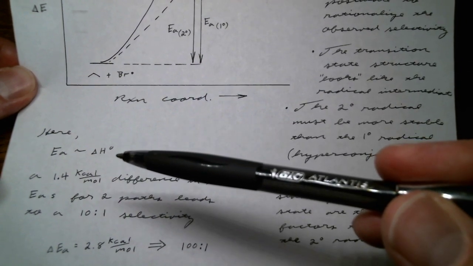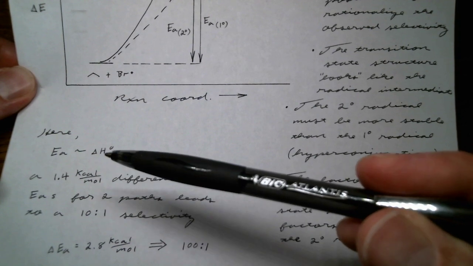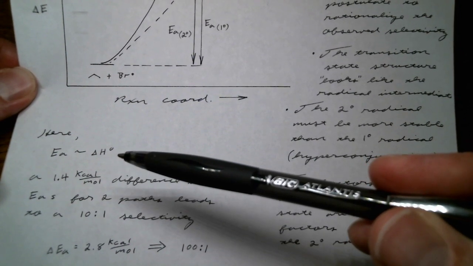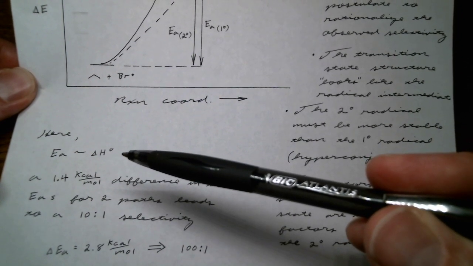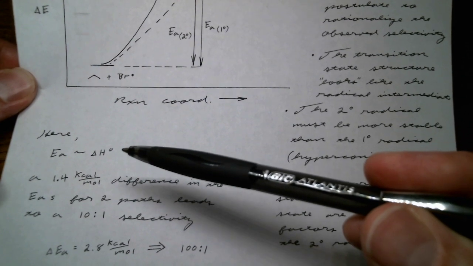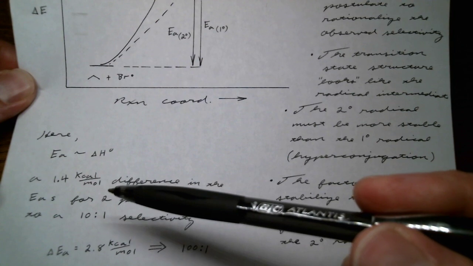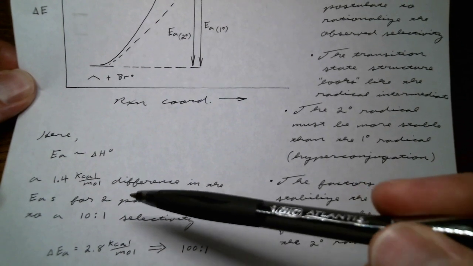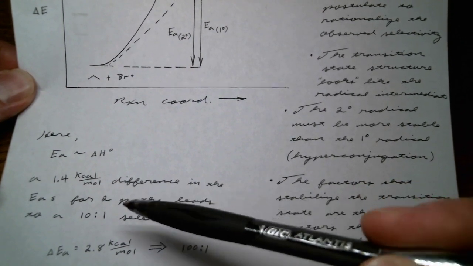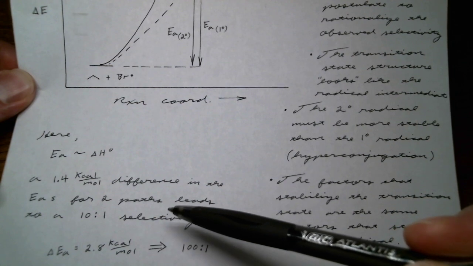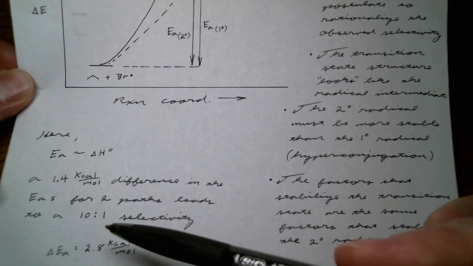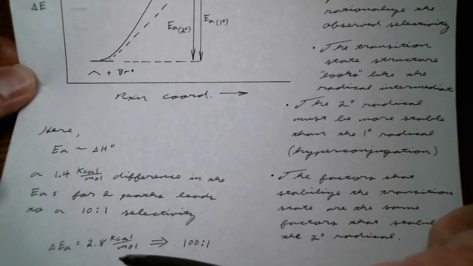Here, we can approximate the activation energy as roughly the change in enthalpy. For highly endothermic reactions, this is a fairly good approximation. So it turns out that a 1.4 kcal per mole difference in the activation energies for two possible pathways leads to a 10-to-1 selectivity.